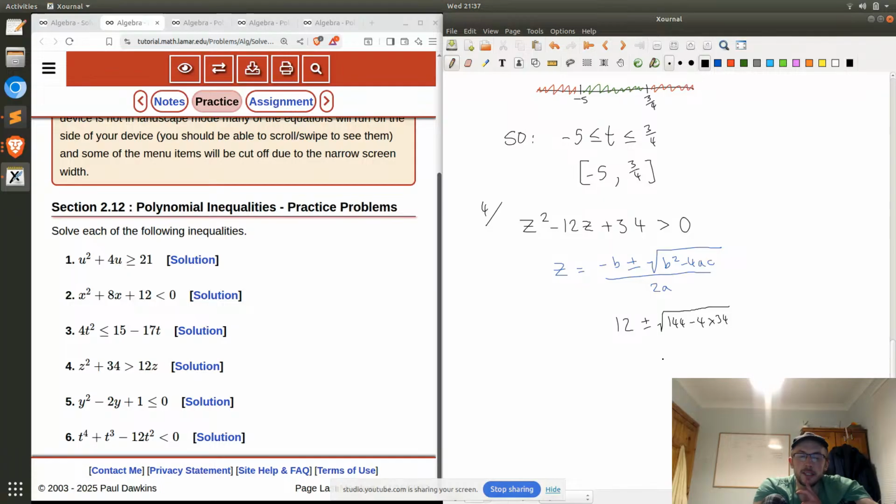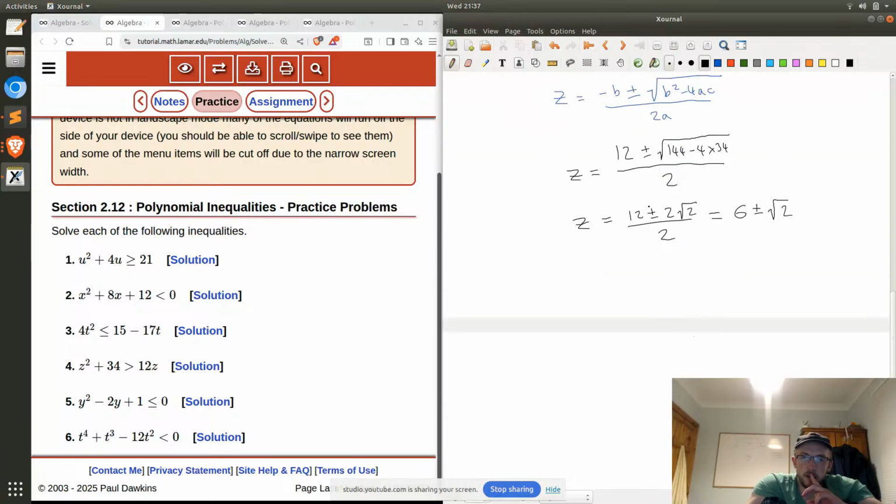And 144 take 136 is 8. And all of this is divided by 2, by the way, because a is 1. So z is equal to 12 plus or minus the square root of 8, which is 2 root 2, and all of that is divided by 2. So 6 plus or minus the square root of 2.